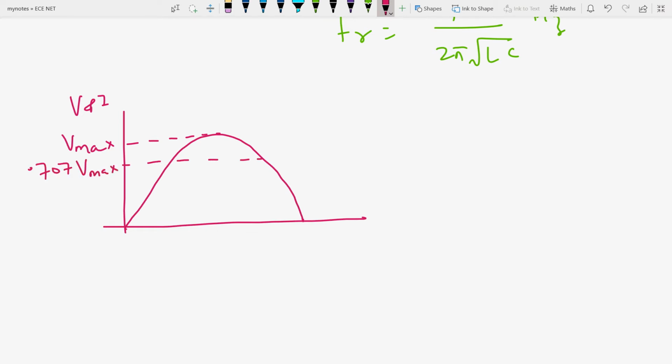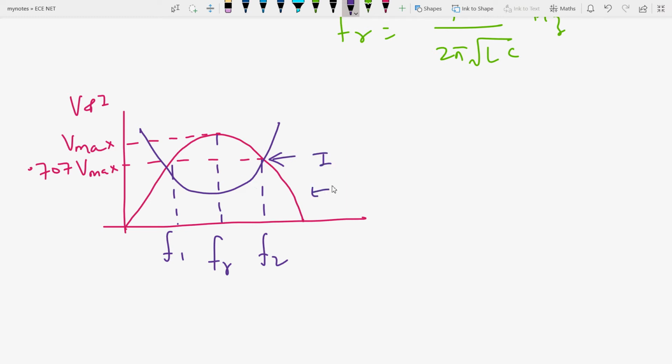Then, with another marker, here is the resonant frequency, the center tuned frequency. Here it will be F2, and here F1. The graph laying inward is current and this is voltage.